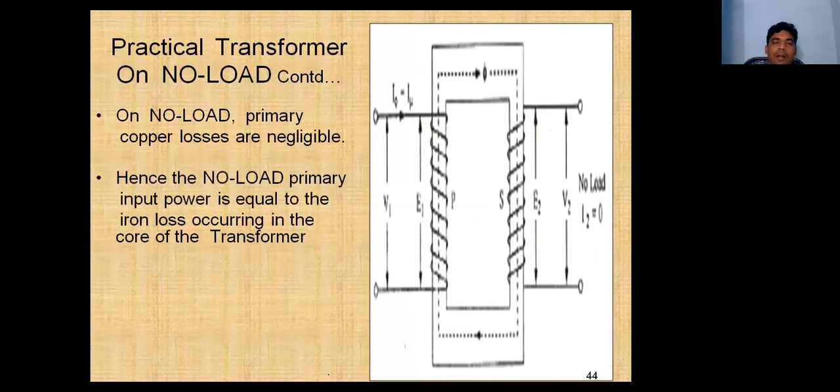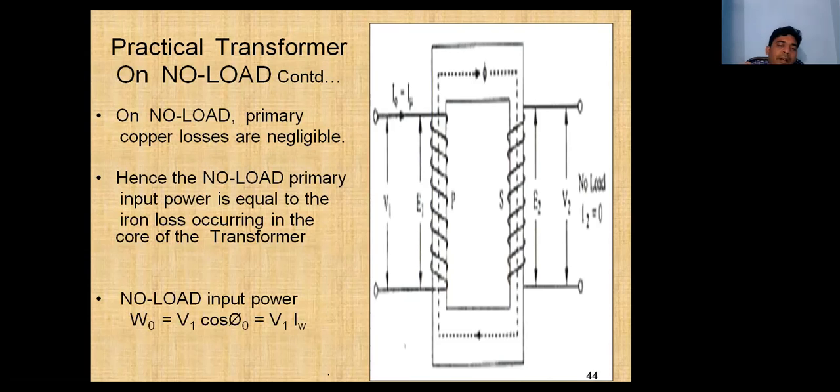No-load primary copper losses are negligible, hence the no-load primary input power is equal to the iron losses occurring in the core of the transformer.